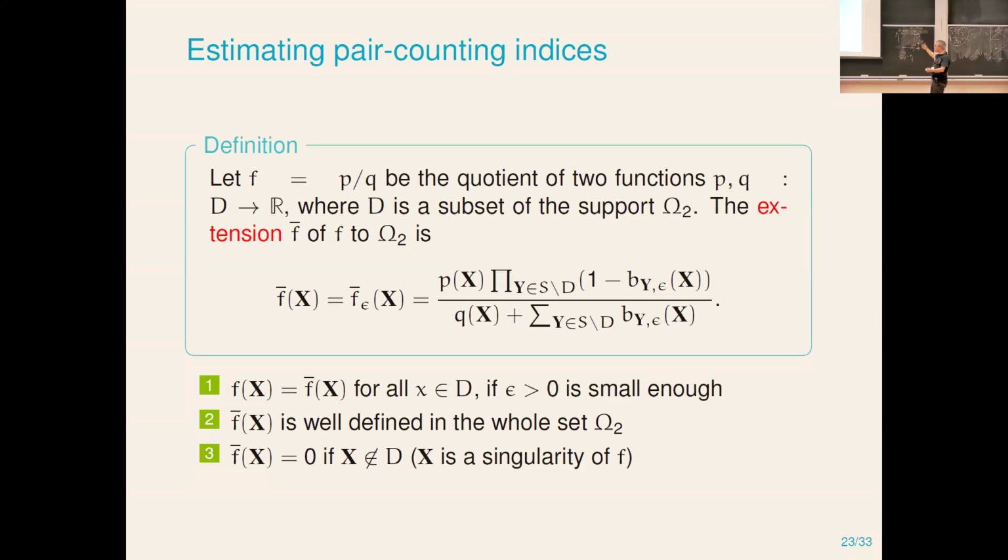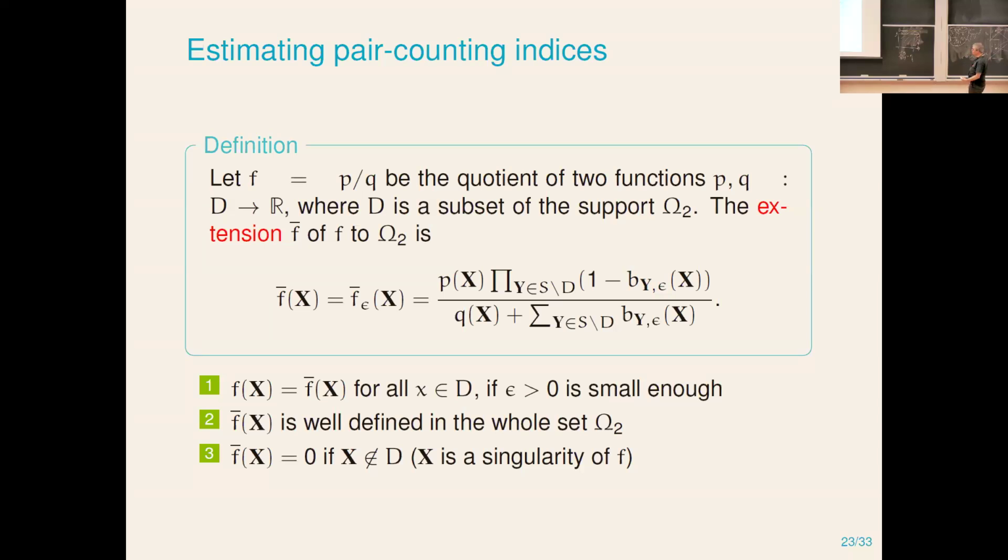The extension is well defined for omega, for the full support, and it's 0 whenever the point we are given is out of D, one of those points for which it is not well defined.